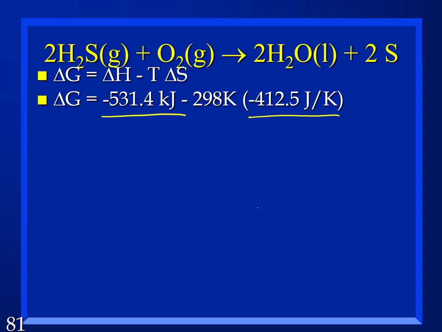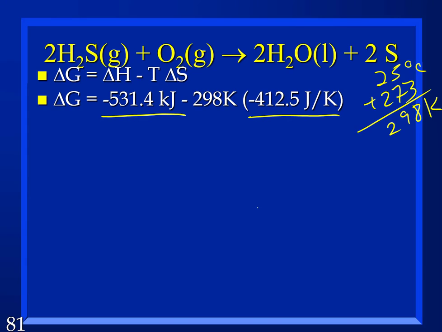And since we're at standard conditions, T is 25 degrees Celsius, and 25 degrees Celsius plus 273 equals 298 Kelvin. Because Celsius plus 273 gets me Kelvin. How do we get the Celsius? Because that little degree sign up top tells you that it's 25 degrees Celsius.